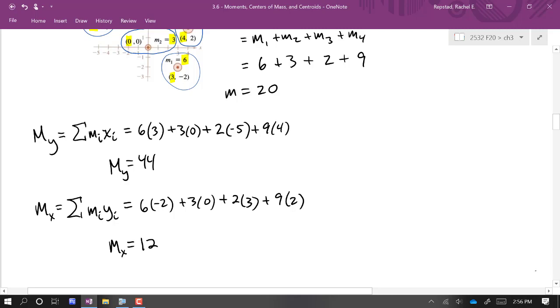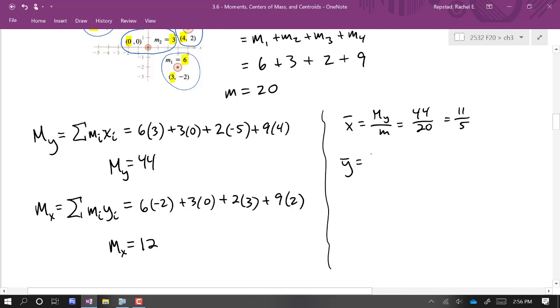Now we just take these three values that we found, the mass and each of the two moments. We use those to find the center of mass. So x bar is my over m. That is 44 over 20, or 11/5.